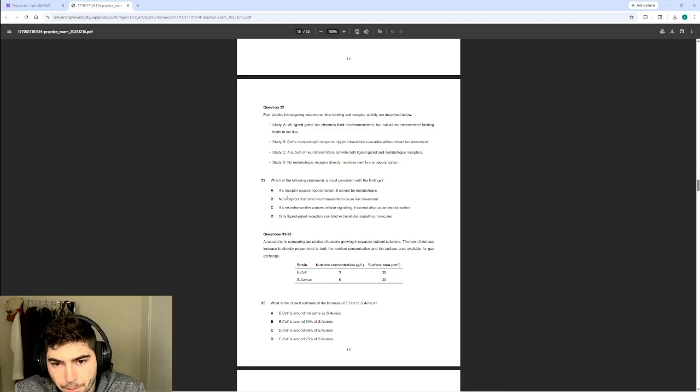So maybe let's look at C. A subset of neurotransmitters activate both ligand-gated and metabotropic receptors. Again, I don't know if that adds anything. D.